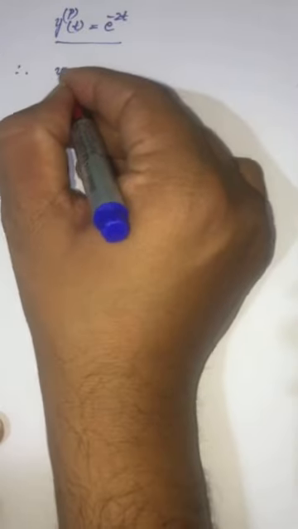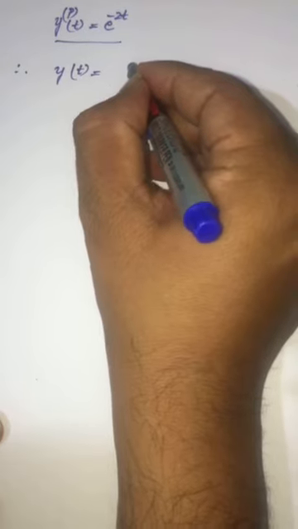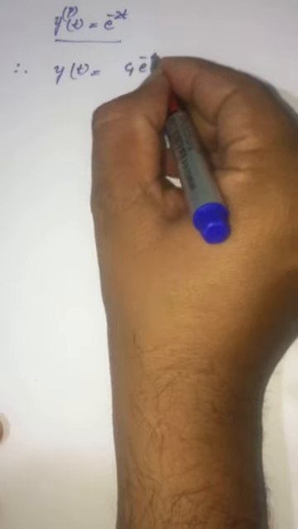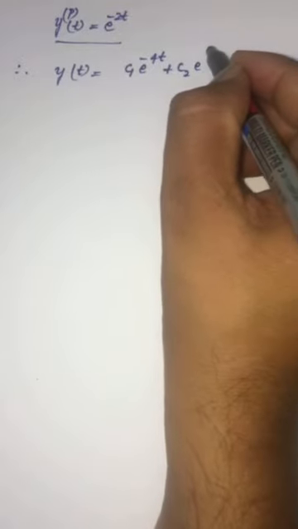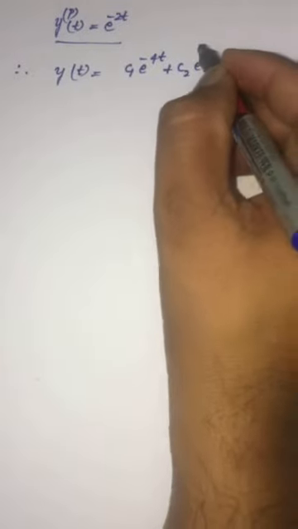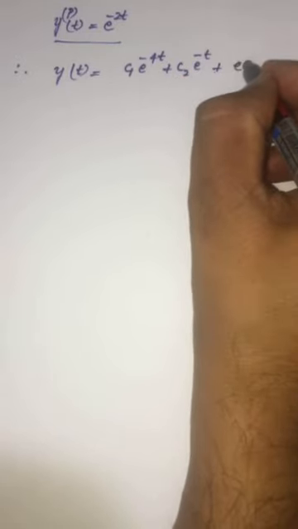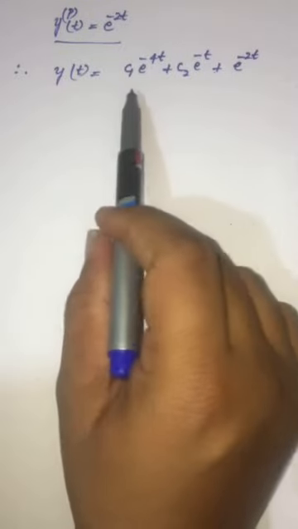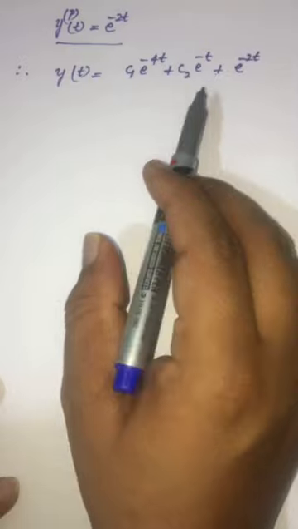Now y of t is equal to natural response, what has come in the general form, c1 e to the power of minus 4t plus c2 e to the power of minus t, plus particular solution e to the power of minus 2t. Now this is y of t. Now we need to find the values of c1 and c2.